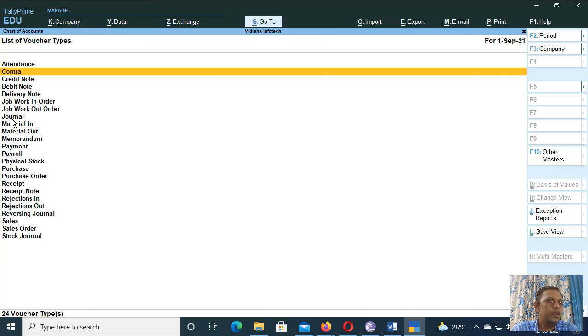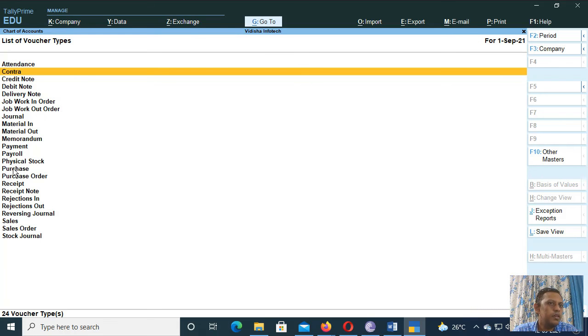So then we have journal voucher, which is used in our trial balance. Then materials in, materials out. From this you can know what is the input of material and what is the output of material.